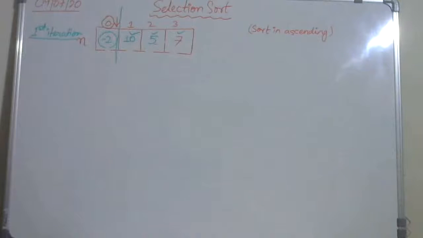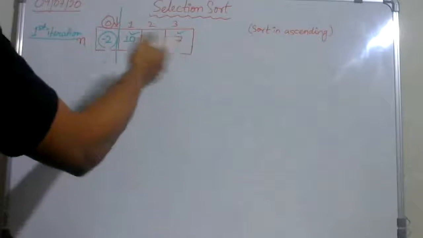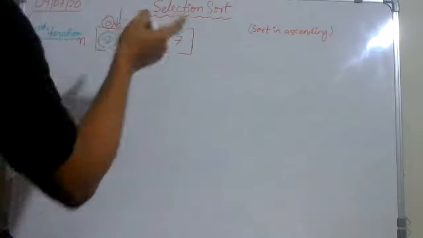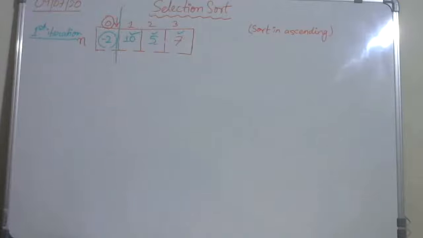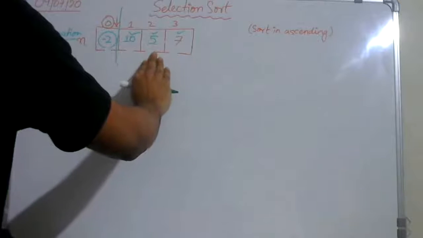So logically speaking, it should be. So the number of iterations that I am going to do to get the sorted array should be equal to the total number of elements, but it will be one less than the number of elements, because once we finish sorting up till this position, the last element is already sorted in the array.